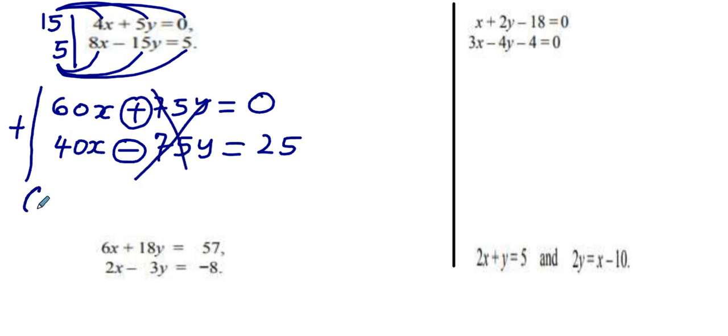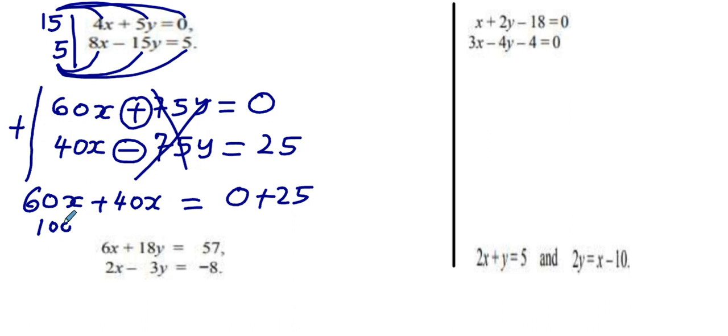Now we go for 60 plus 40. Sorry. It should be 60x plus 40x equals 0 plus 25. 60x plus 40x, this will be 100x equals 25. See that?